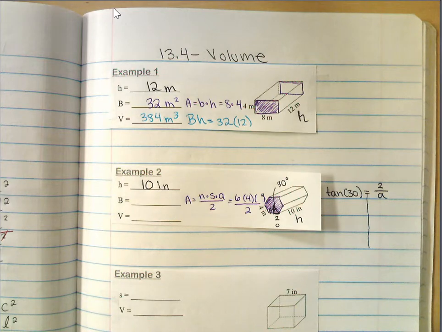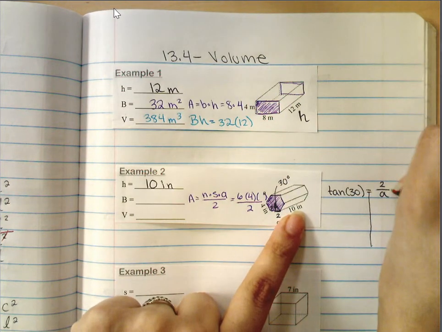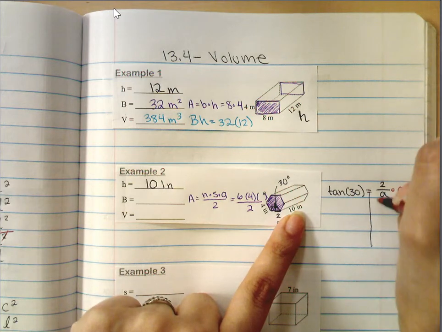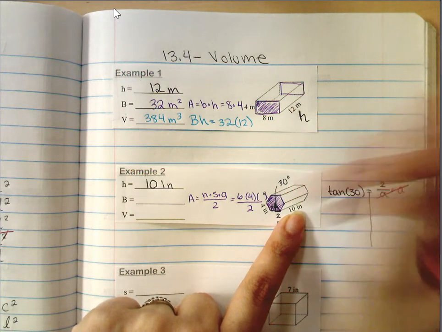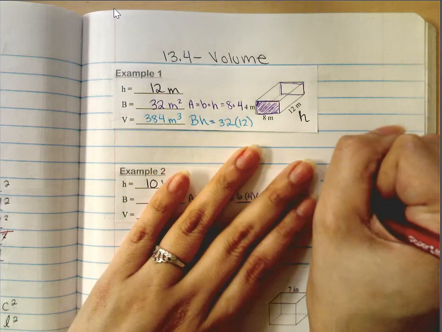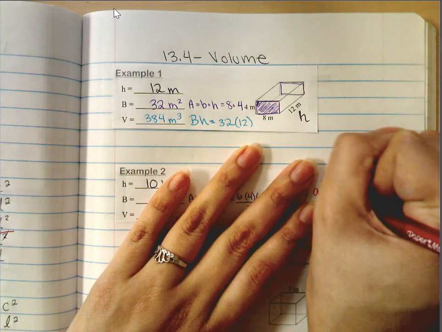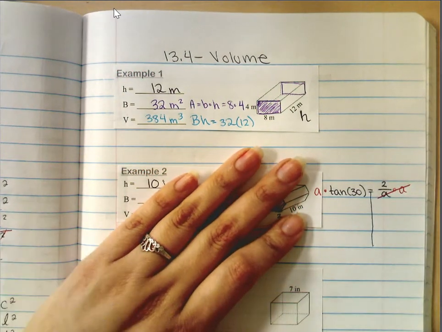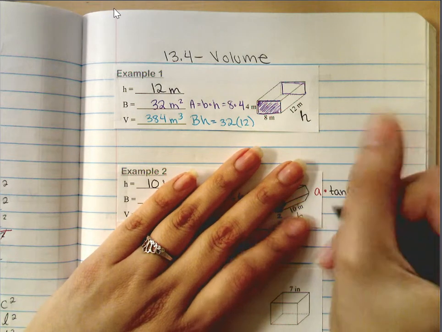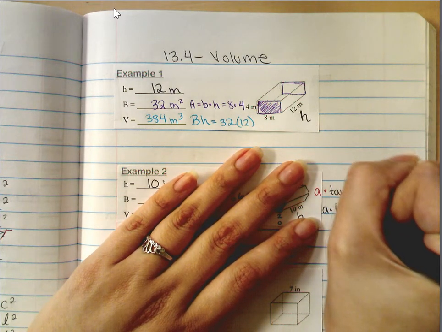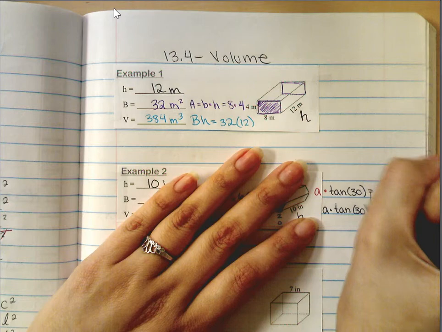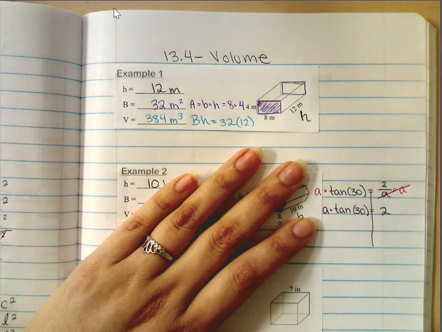To solve for A, I have to get rid of that fraction. So I'm going to multiply by A so that it cancels, and I have to do it on the other side too. Now I have A times the tangent of 30 equals 2. But remember, I need A by itself, so I need to get rid of that tangent of 30.